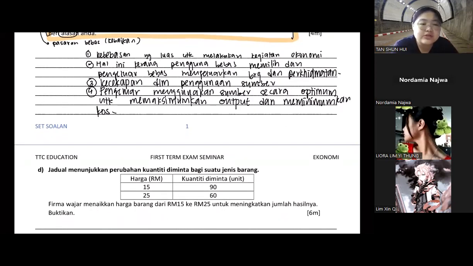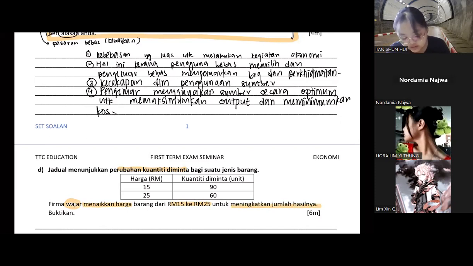You see, this question, they said, jadual menunjukkan perubahan kuantiti diminta. Perubahan kuantiti diminta, satu jenis barang. The change in quantity. And then they say, Prima Wajah menaikkan harga dari 15 hingga 25 untuk meningkatkan jumlah hasil.